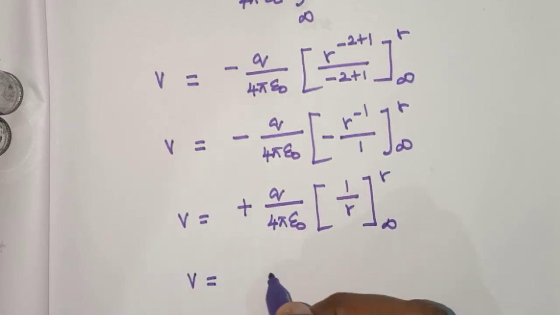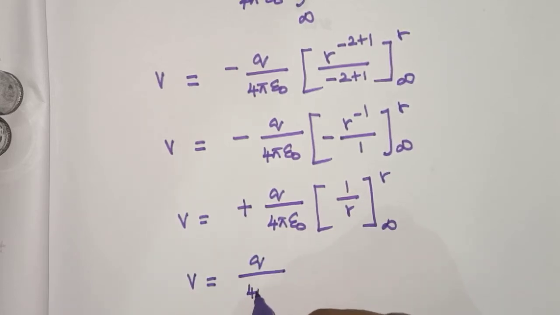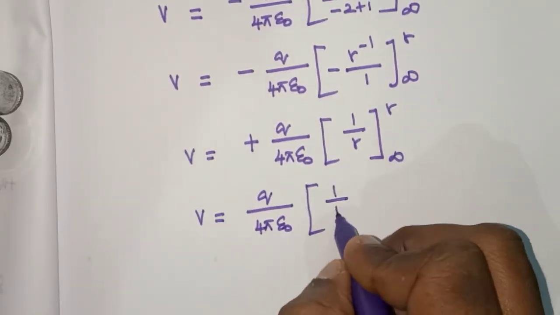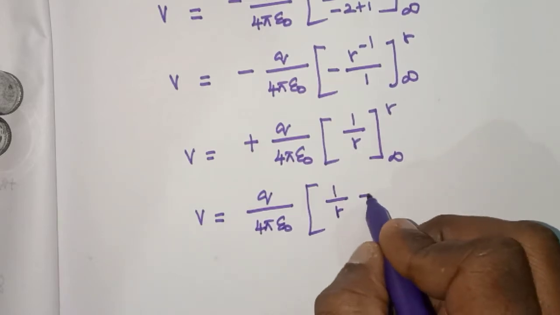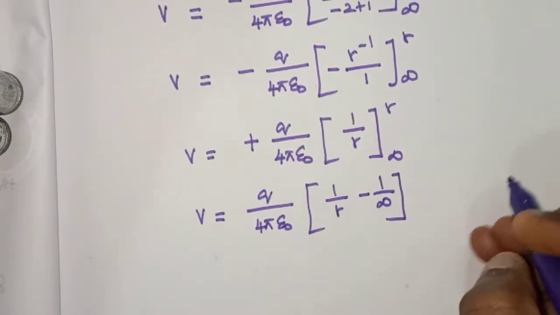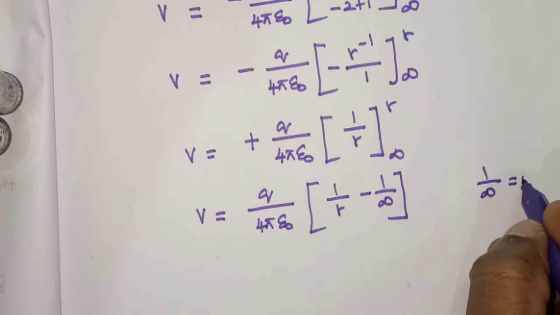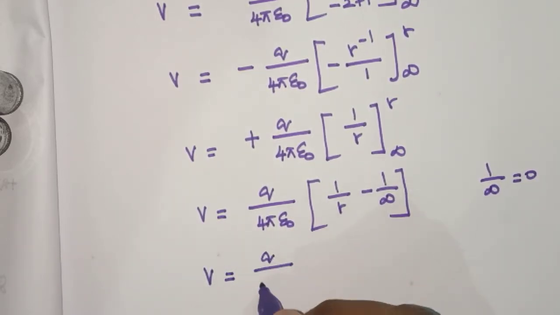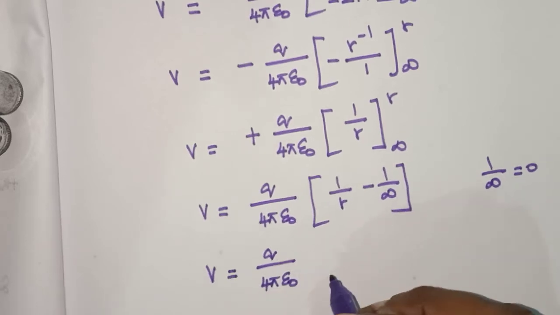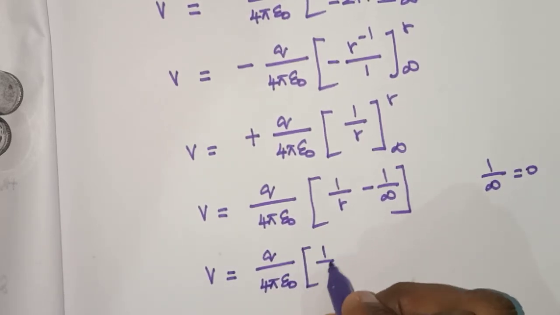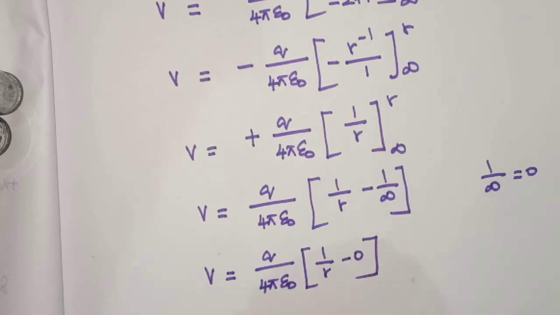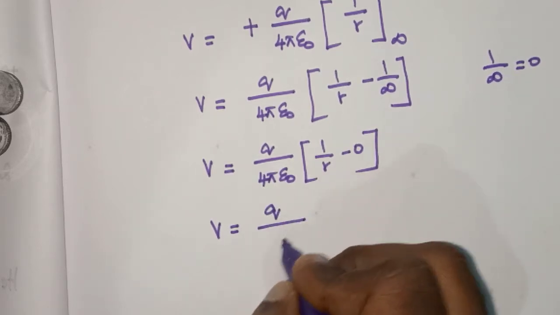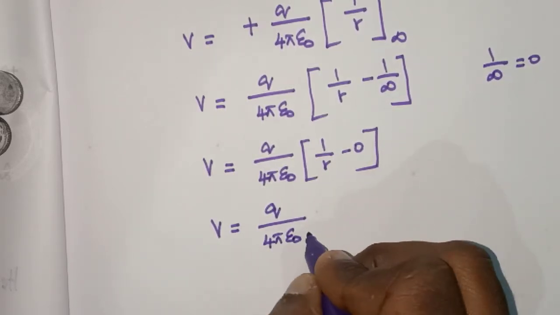So I am applying limits here: 1 by r at the upper limit minus 1 by infinity at the lower limit. The value of 1 by infinity is equal to 0. So V is equal to Q by 4 pi epsilon naught, 1 by r minus 0. So V is equal to Q by 4 pi epsilon naught r.